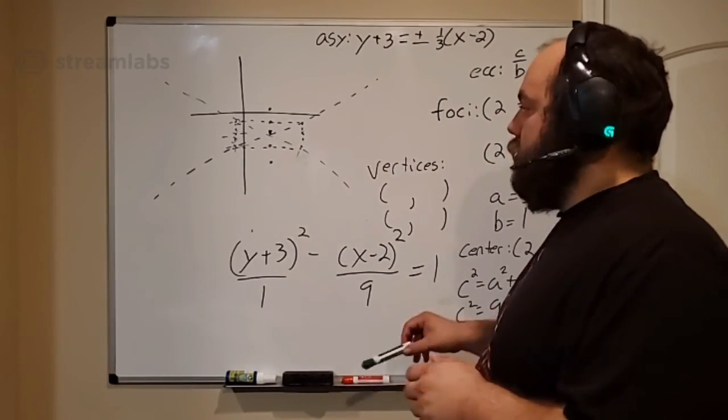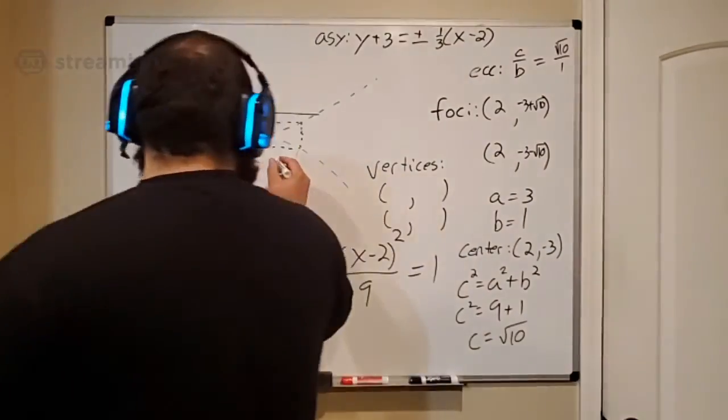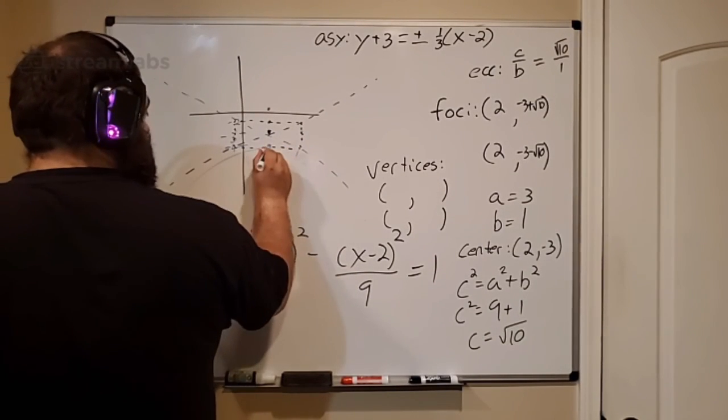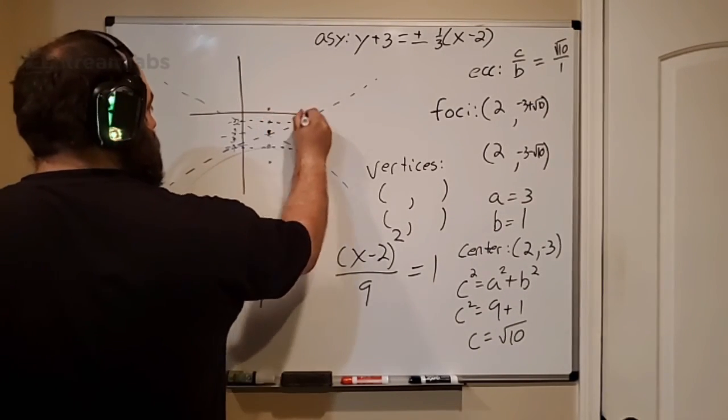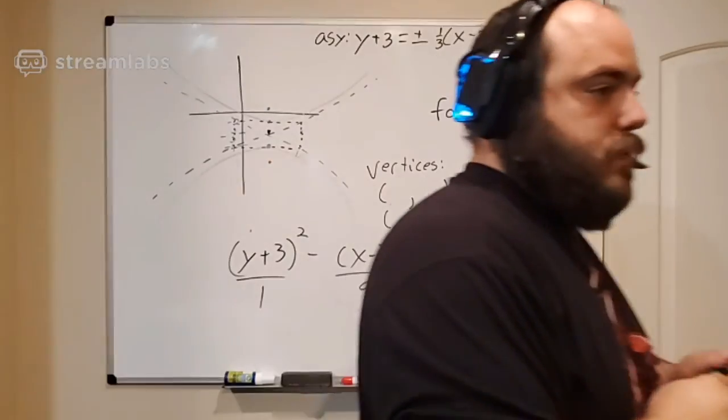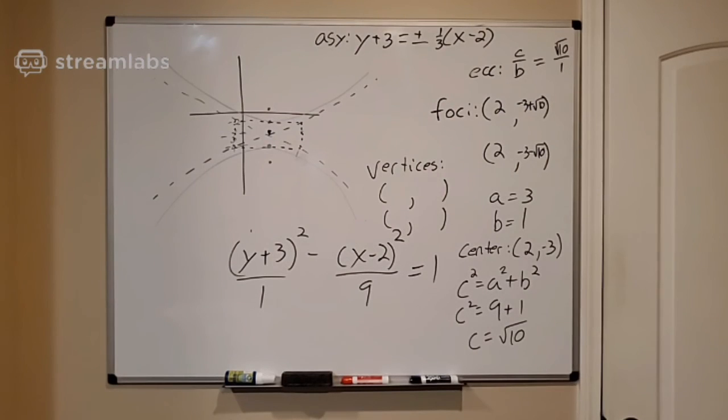So I would start from the vertex and curve out and go close to your asymptotes. Any questions?